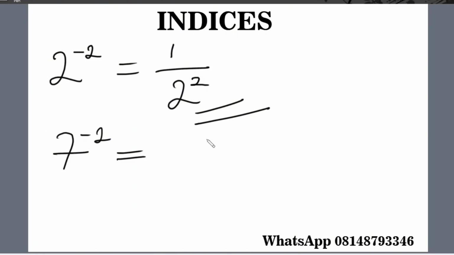So let's write the reciprocal or inverse of 7, because 7 here is the base. So we have 1 over 7. So the reciprocal or inverse of 7 is 1 over 7. And then the base raised to the positive form of the power. So 1 over 7 raised to positive 2.